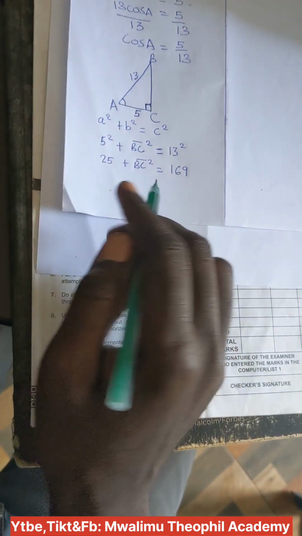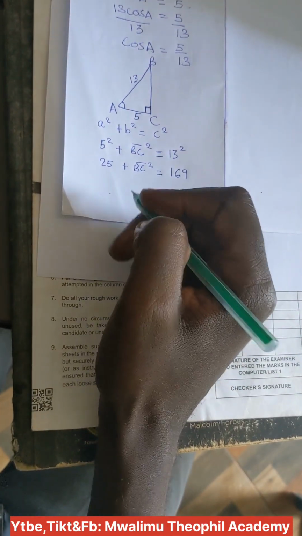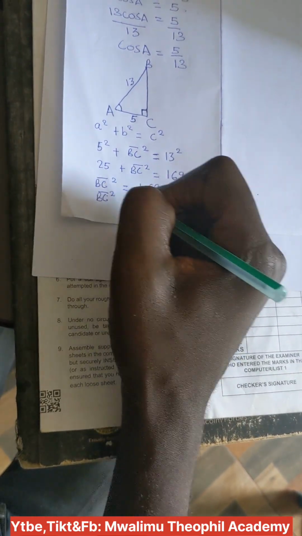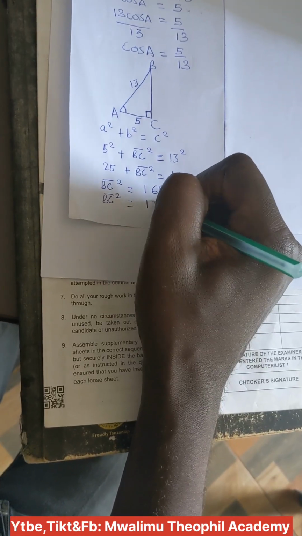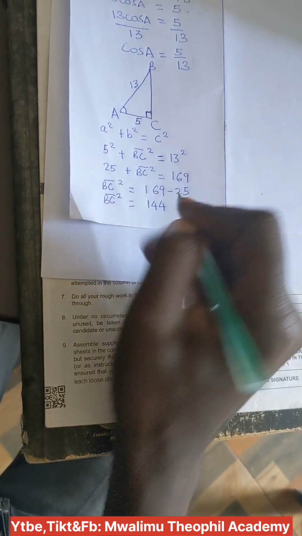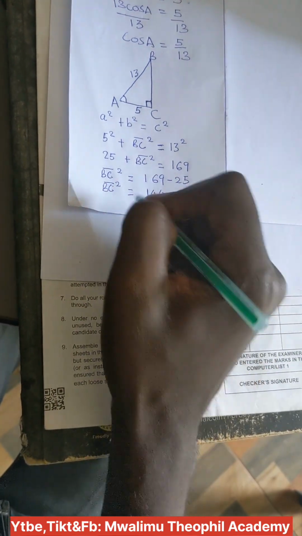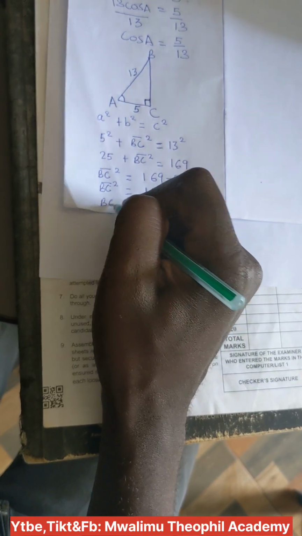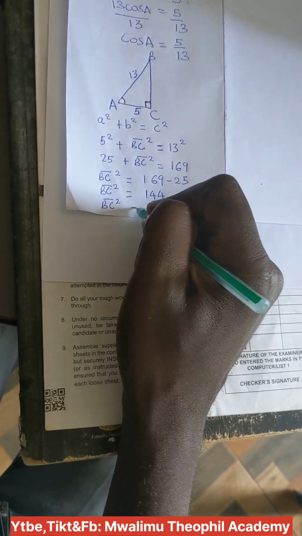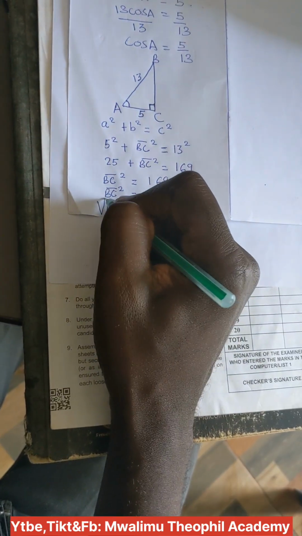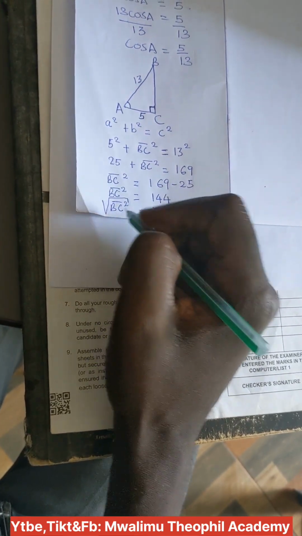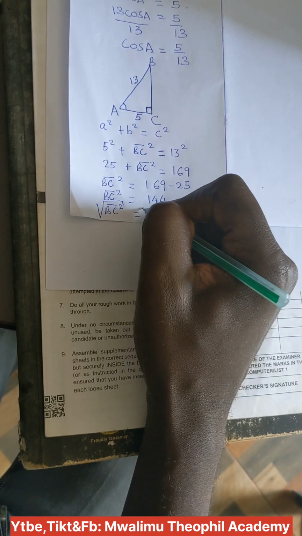After that, we're in the position of finding out side BC. BC square is going to be equal to 144. We apply square root so as to find out the length of side BC.